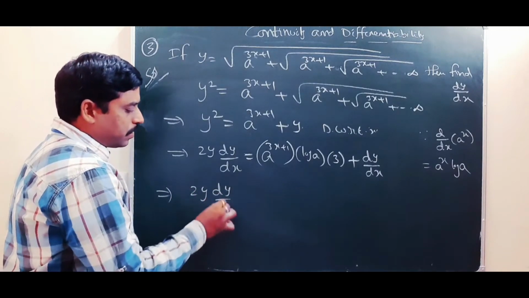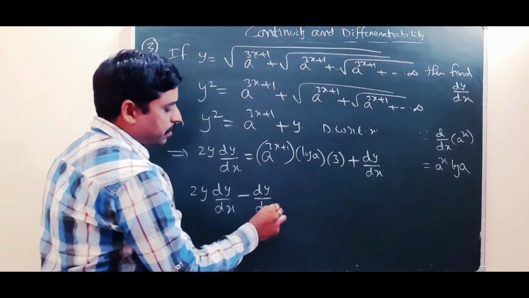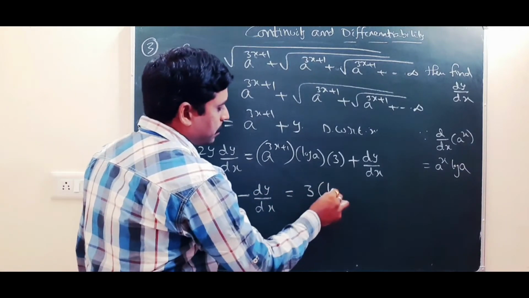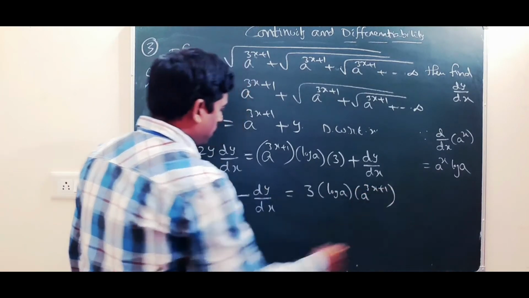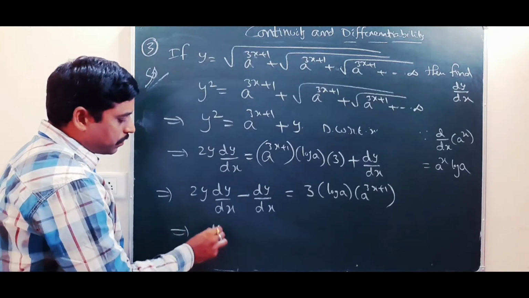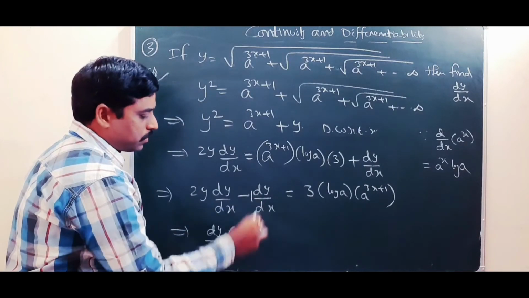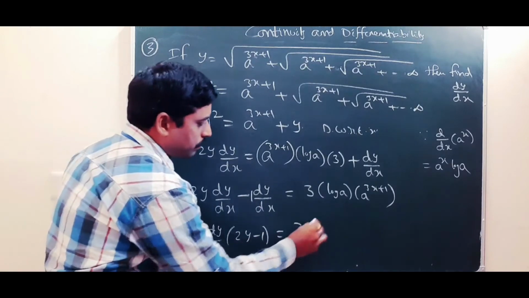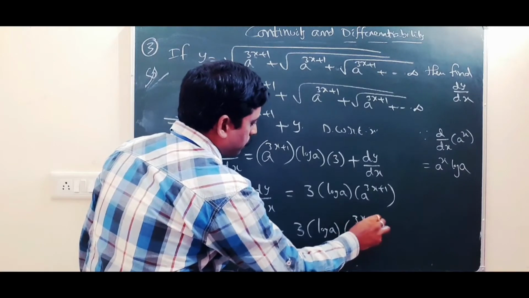So 2y dy/dx, plus dy/dx sent to the left side, minus dy/dx, is equal to 3 log a times a^(3x+1). In this, dy/dx taken common gives 2y minus 1, therefore (2y minus 1) dy/dx is equal to 3 log a times a^(3x+1).